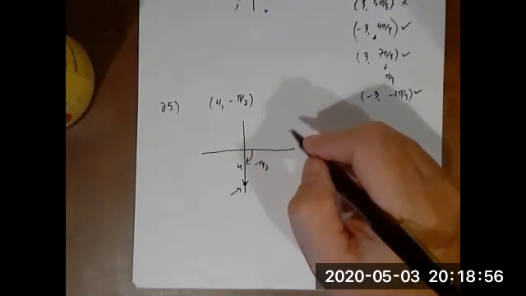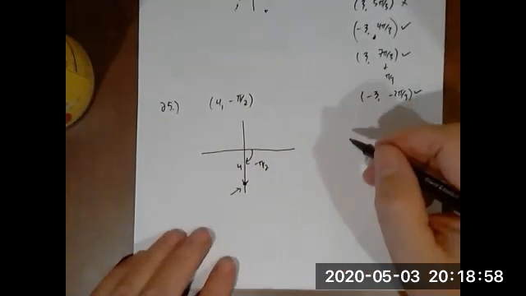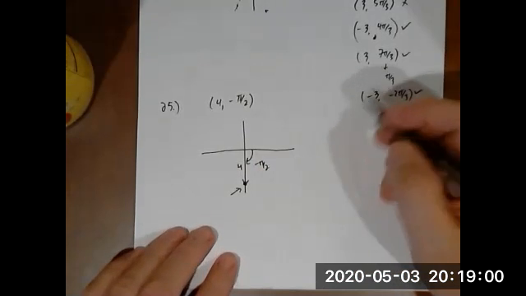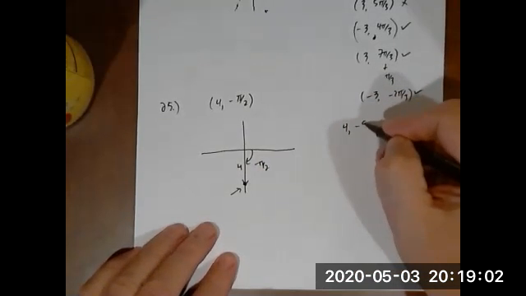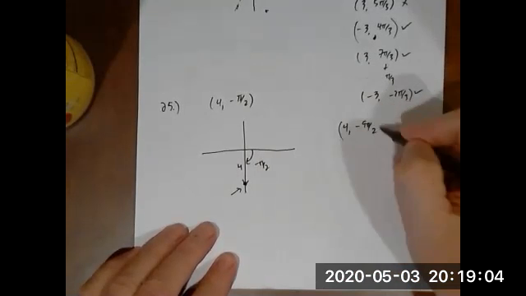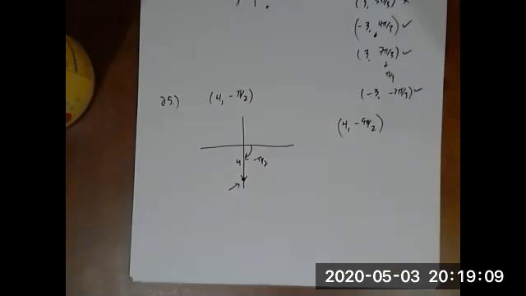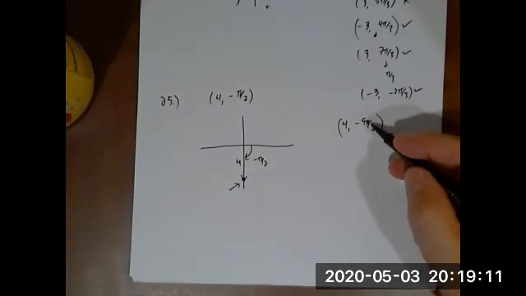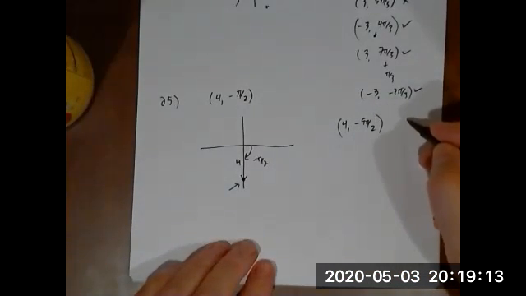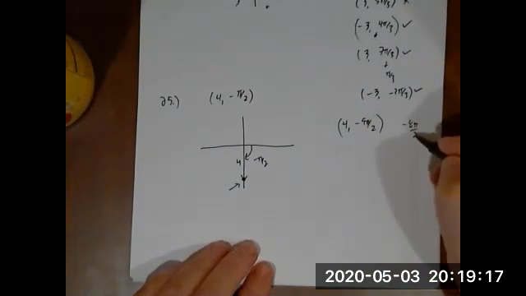Now let's go through the list. The first one is (4, negative 9 pi over 2). Think about negative 9 pi over 2. Negative 2 pi is negative 8 pi over 2.